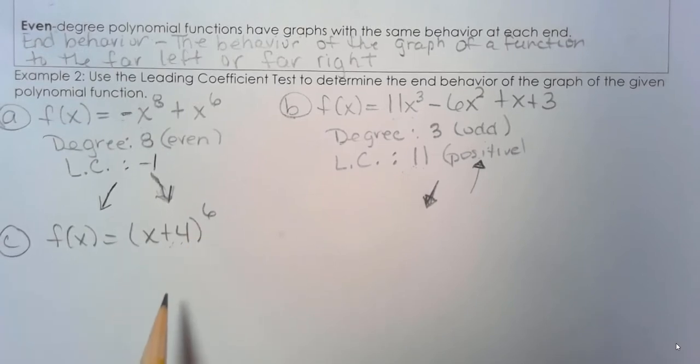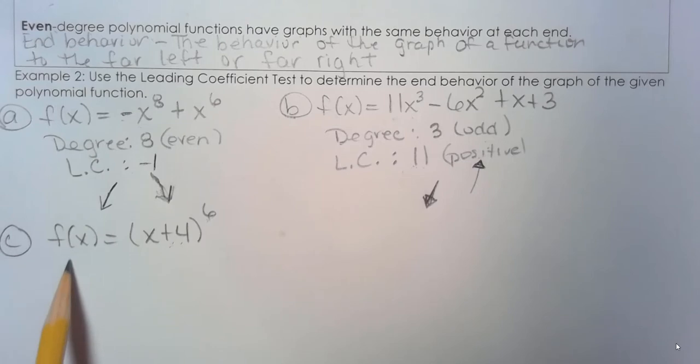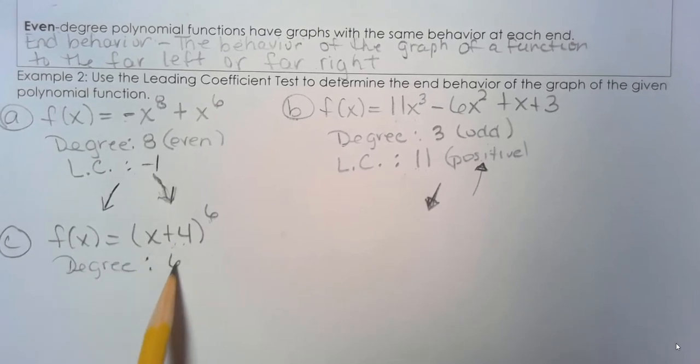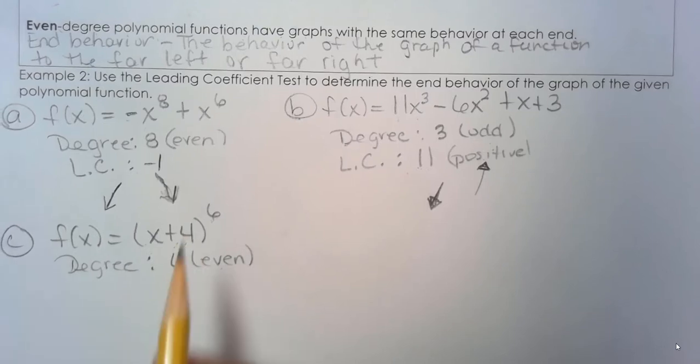Your highest degree, because this is raised to the power of 6, is going to be 6. And since the number 6 is even, we know that our end behaviors are going to be in the same direction. But what will be the coefficient? If we multiply x 6 times, then you know you're going to have x to the 6th power.